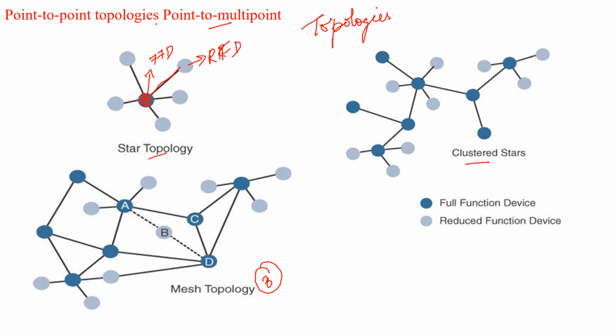Moving on to the clustered star topology, the network is still a star topology, but full function devices can be connected to each other. If you can see, all these full function devices are connected to each other. That is your clustered stars. Whereas your mesh topology is a little bit more expanded structure. The main advantage of the mesh topology is that you will have multiple paths.